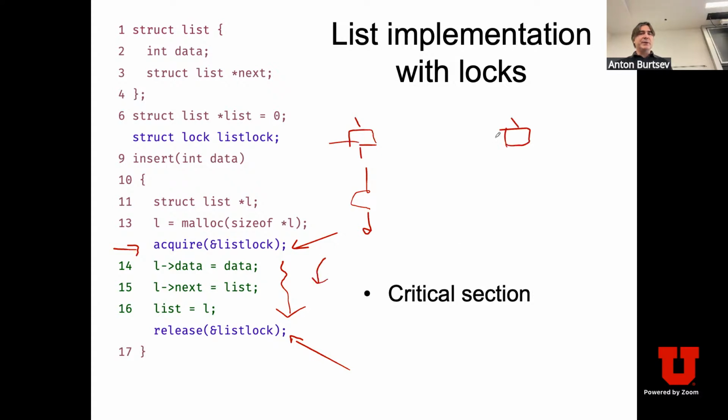If another CPU tries to enter the critical section, it will be spinning here inside this acquire function for as long as until the first CPU releases the lock, right? Makes sense? And at this point, these instructions become atomic, and if you carefully look at those, you can convince yourself that this implementation is correct. Okay, cool, we got the idea. So now the question is how to build this acquire function.